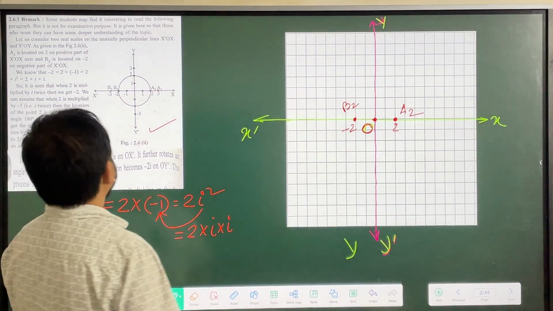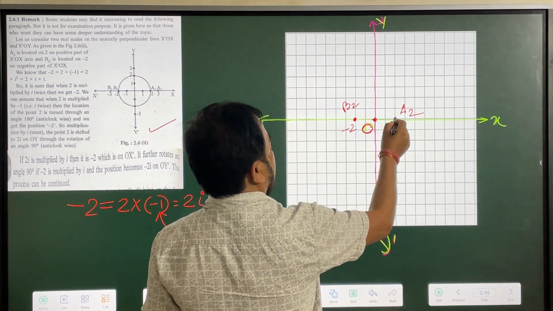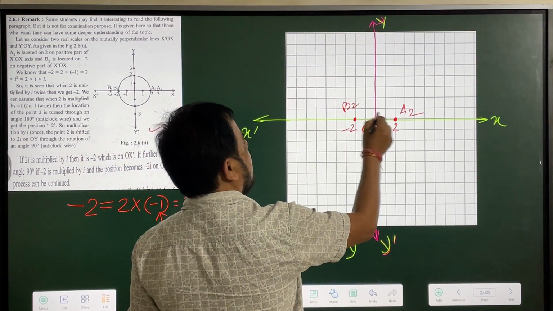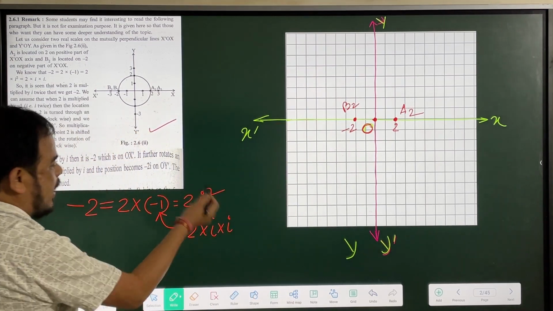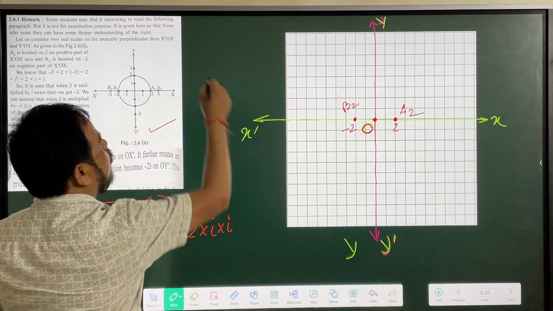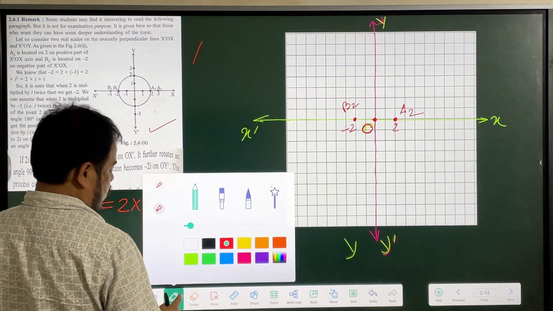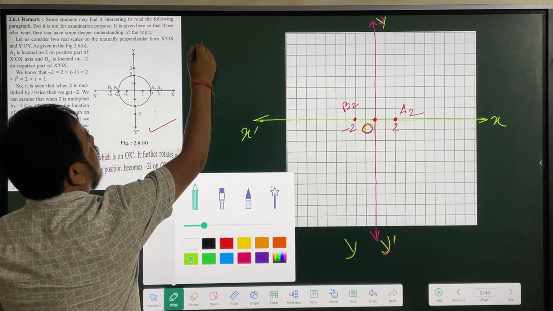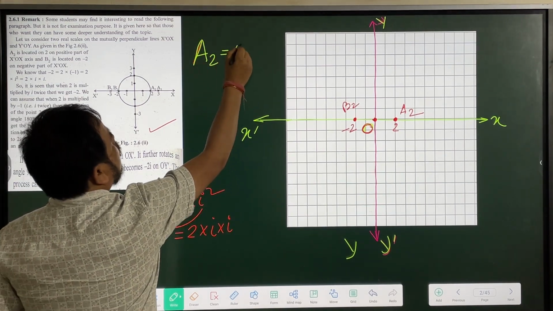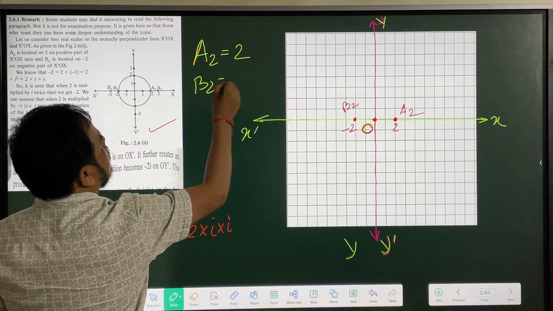That means from here to here, if we move, we have to multiply by i twice. A2 is 2 and B2 is minus 2.